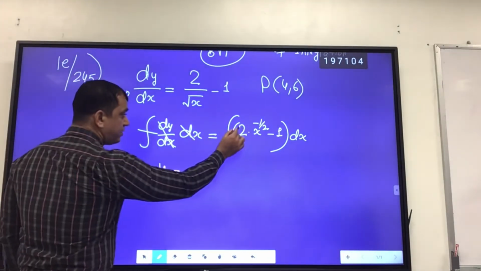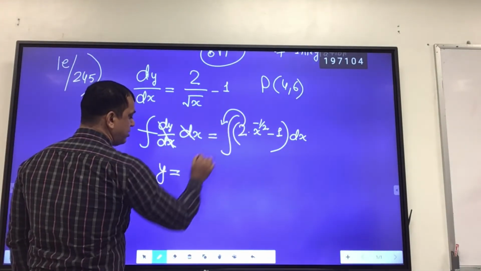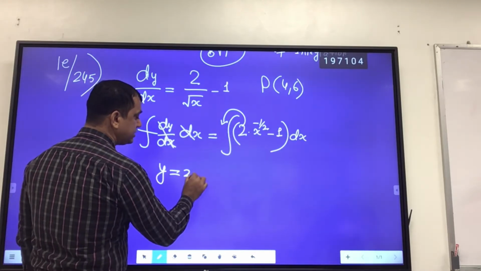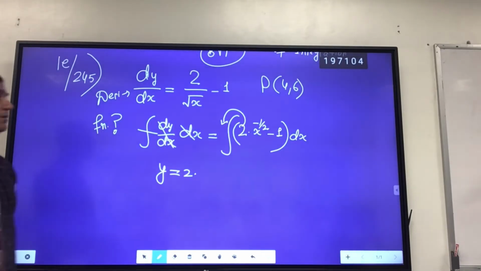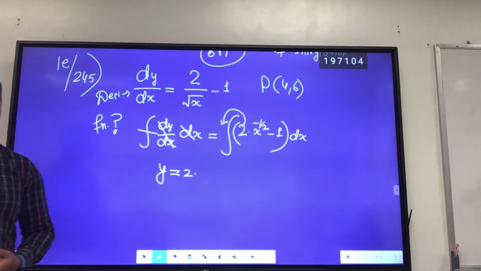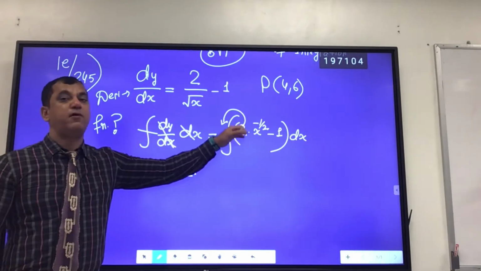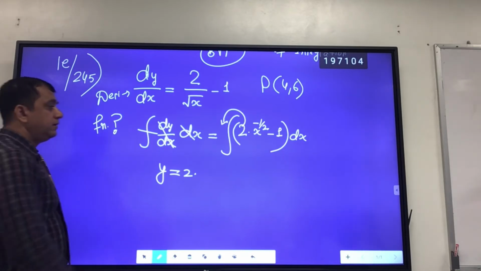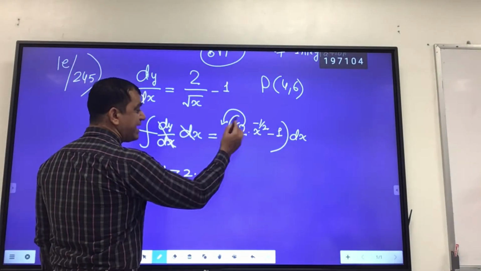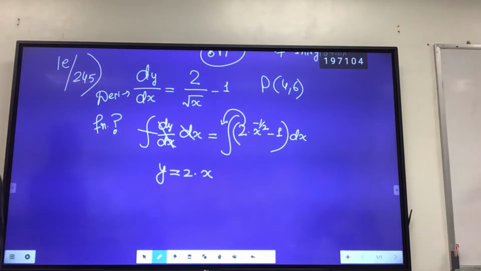By using the power rule, this coefficient will come out. By using the power rule, what should be the integral of x power minus half? x power minus half plus 1 divided by minus half plus 1. Remember the power rule?